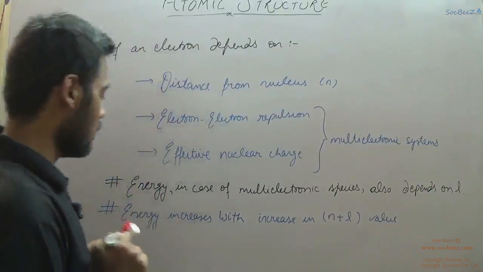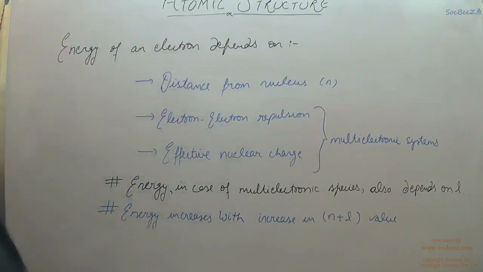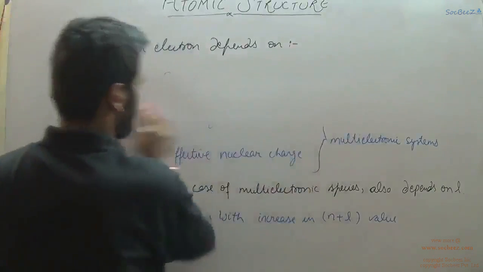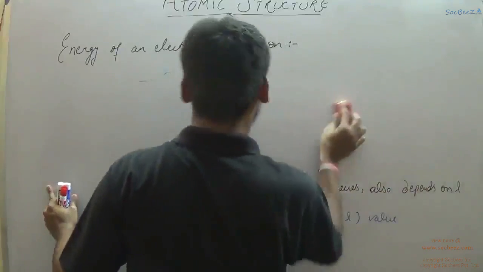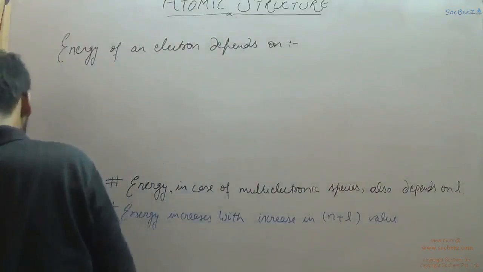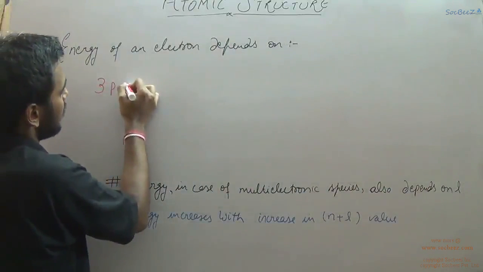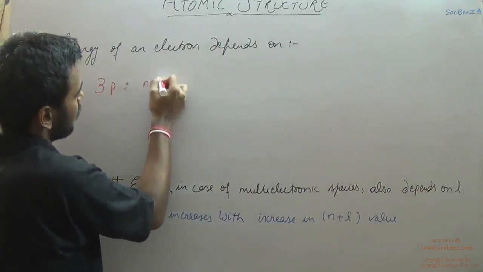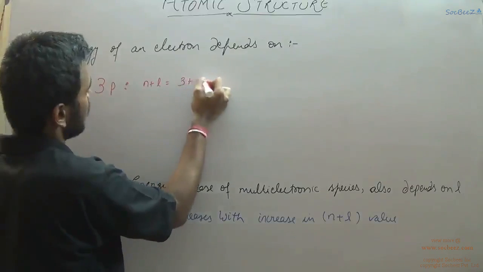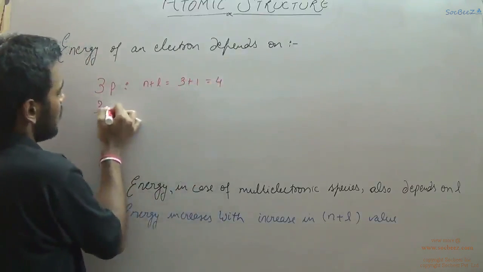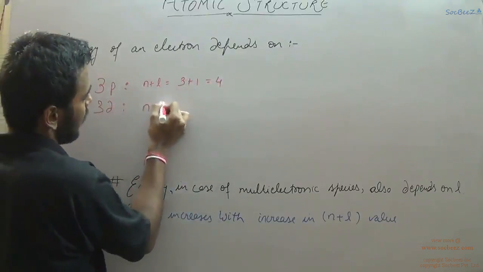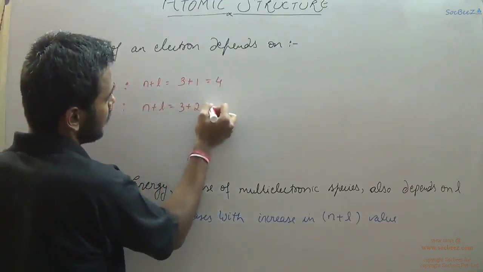So, n plus l in case of 3p equals 3 plus 1, that is 4. But in case of 3d, n plus l equals 3 plus 2, that is 5.